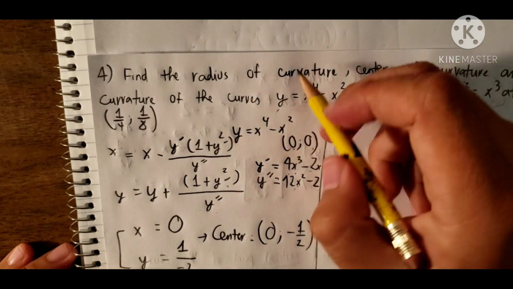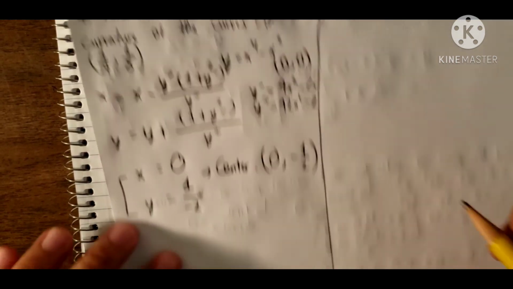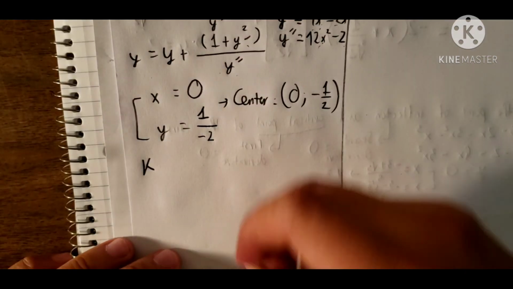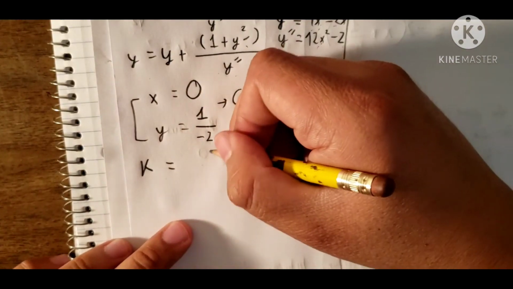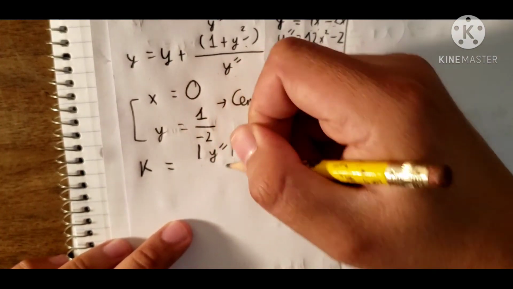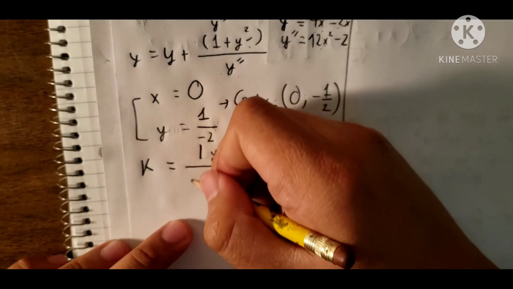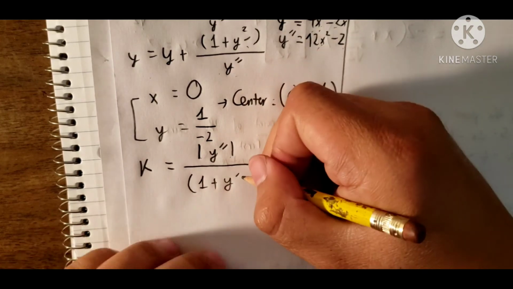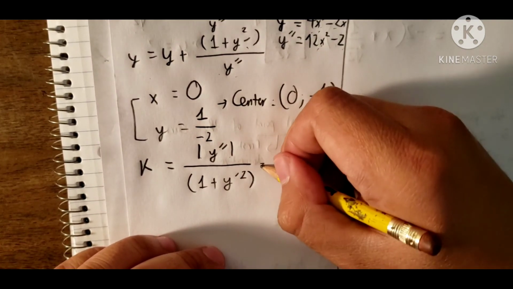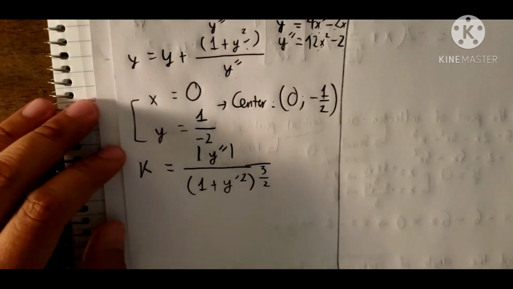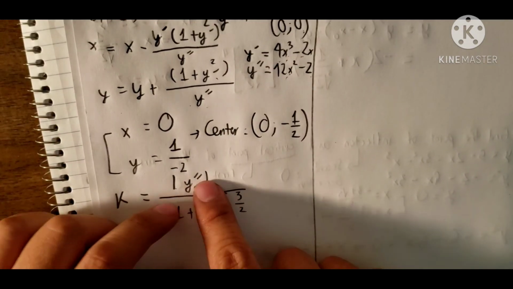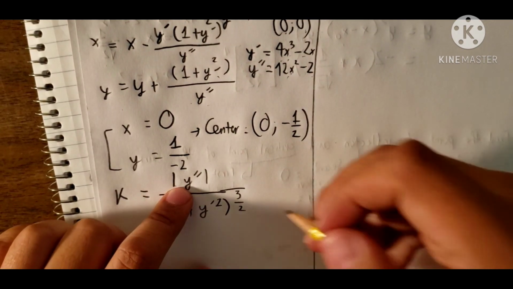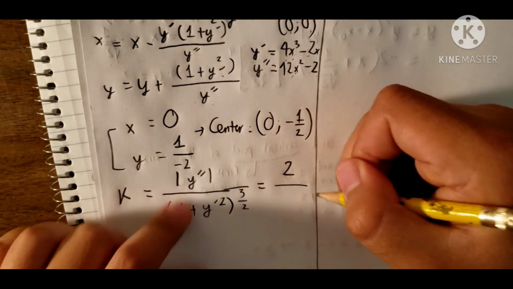The next one we will talk about is the curvature. For curvature, we have the formula, which we call capital K. In the capital K we have the absolute value of the second derivative divided by (1 plus first derivative power 2), and the power is 3 over 2. In the second derivative you get minus 2, but we have the absolute value, so that becomes the number 2.